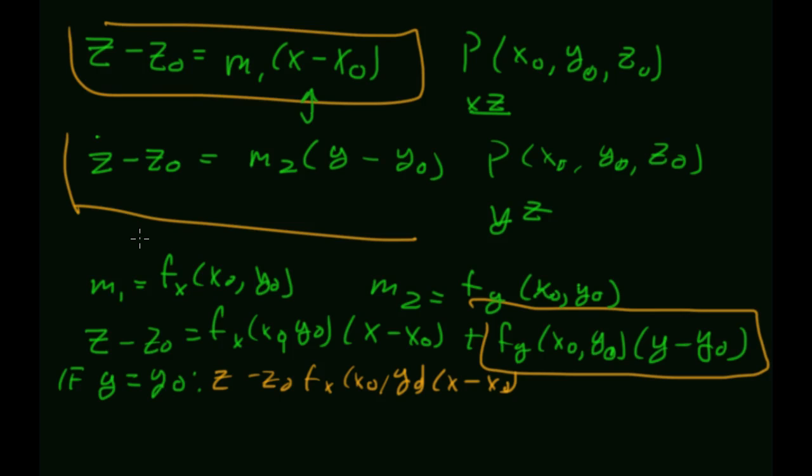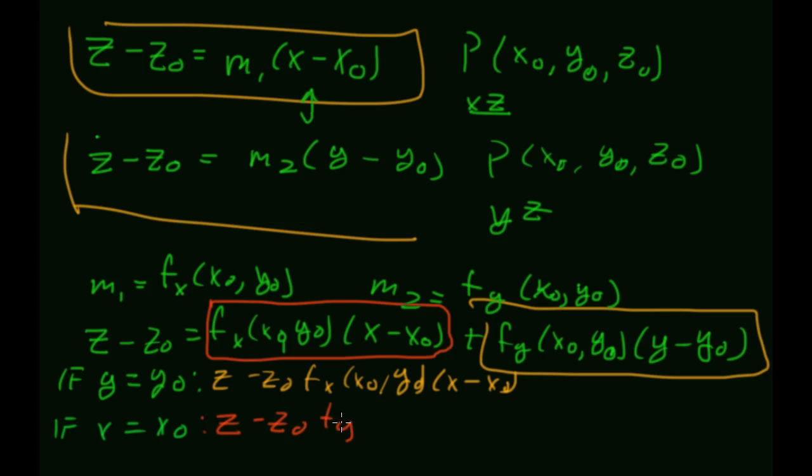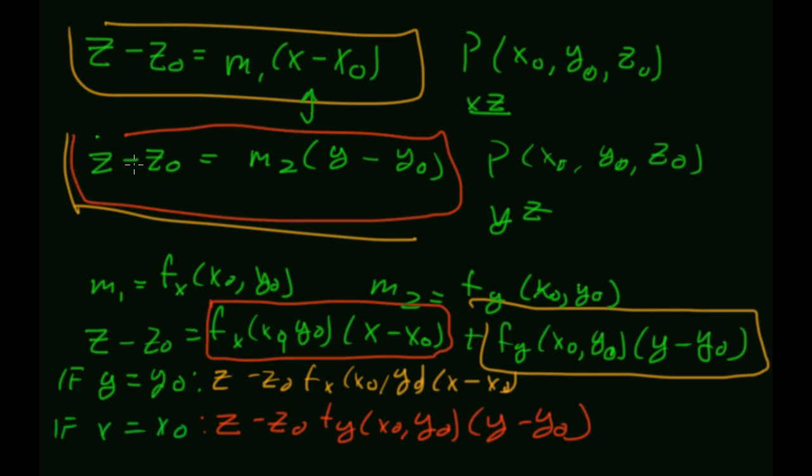And if you fix the x value as x null, now we get something very similar, but this becomes 0 because x null minus x null is 0, so that falls out. We get z minus z null is f sub y at x null, y null, times y minus y null, which gives me that equation. So we've got it to reduce to the two equations.